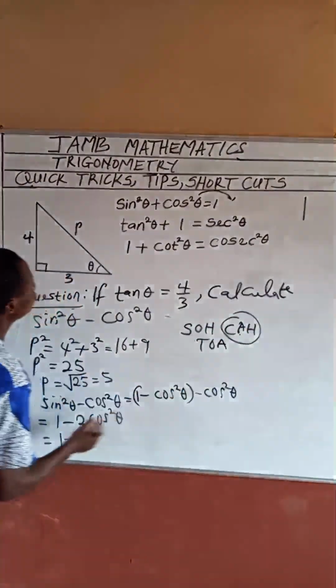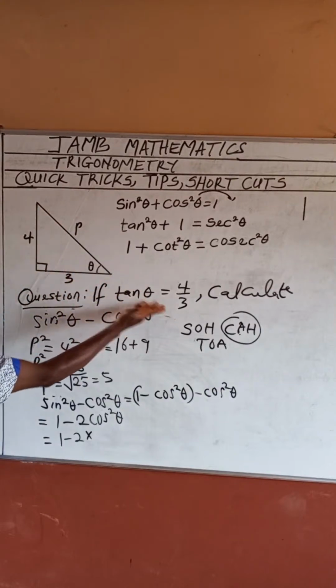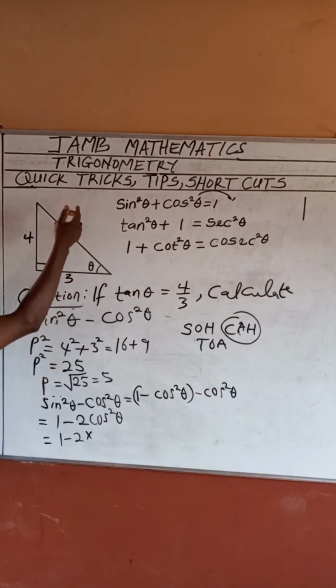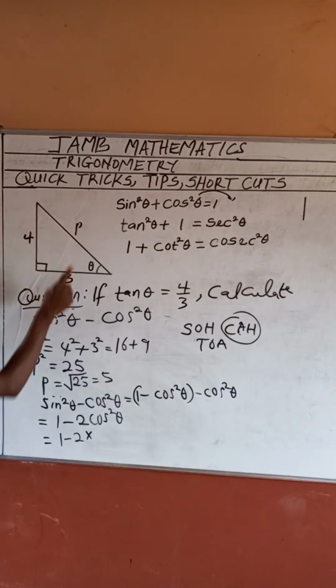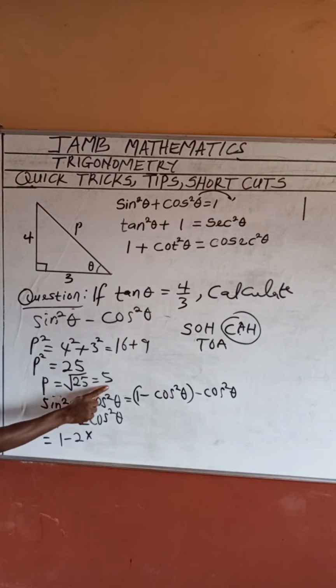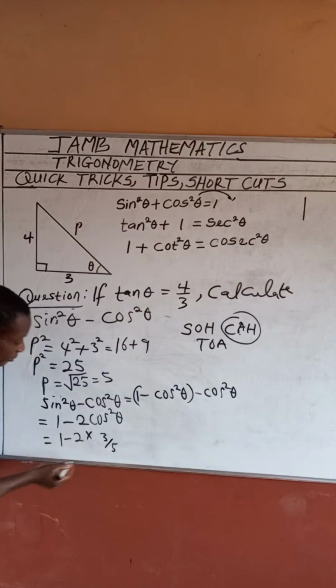Adjacent over hypotenuse. So where is the adjacent here? That's 3 over P. What's our P? Our P is 5. So that's 3 over 5. Do you get it now?